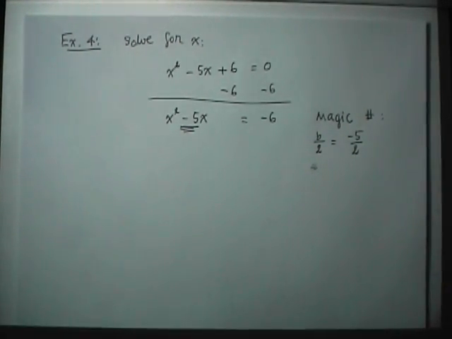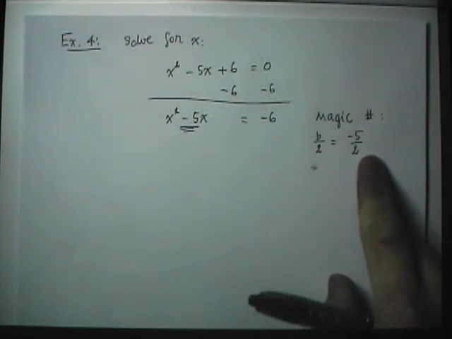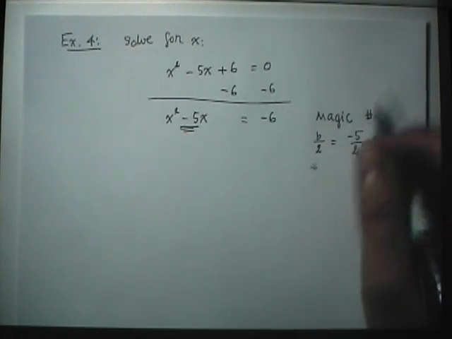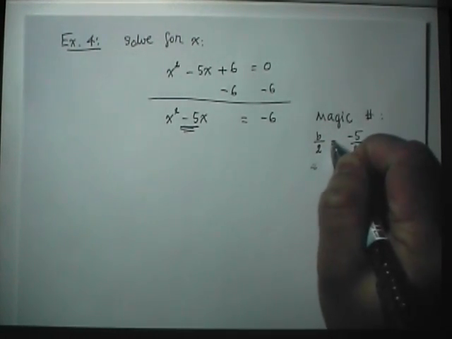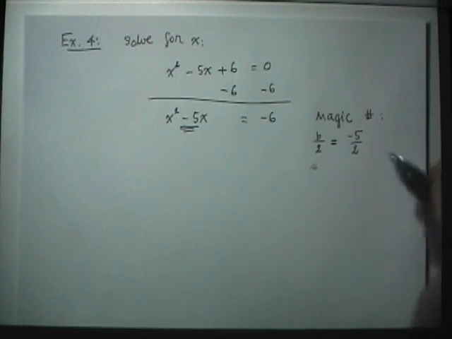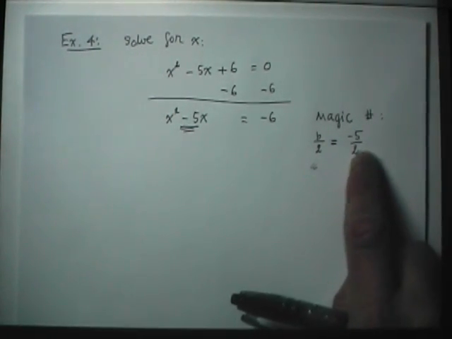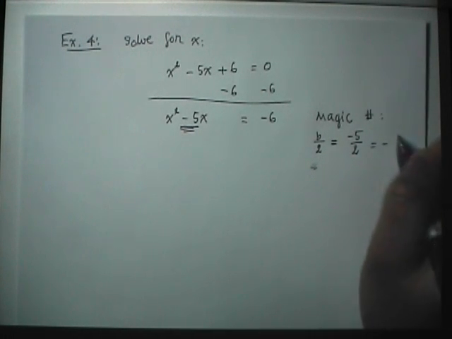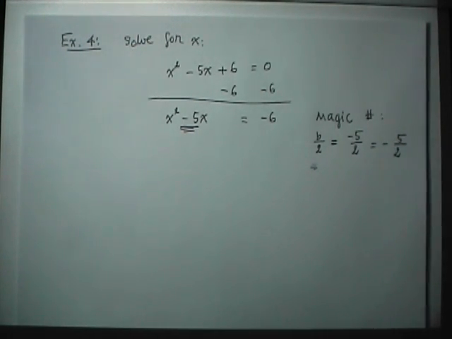And since we're in college algebra now, I strongly recommend that you keep the numbers in fractions, not decimals like negative 2.5, in the most reduced fraction. So my magic number here is negative 5 over 2, or negative 5 halves, either way you want to write it.